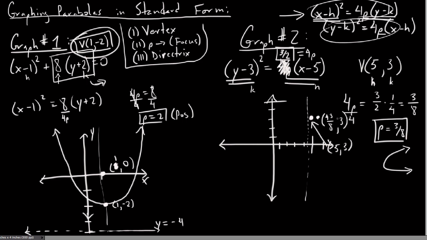Then we have this line here which is vertical, so we say x equals. But this is 3/8 units to the left of 5, so 40/8 minus 3 of those eighths brings us down to the line x equals 37/8. And now we can proceed to sketch this in here. This would be our parabola. So pretty awesome.